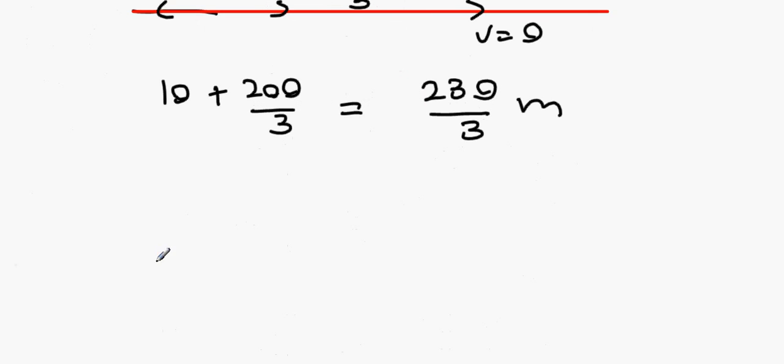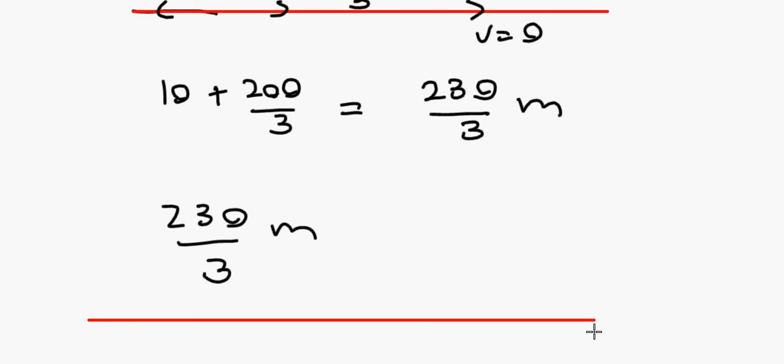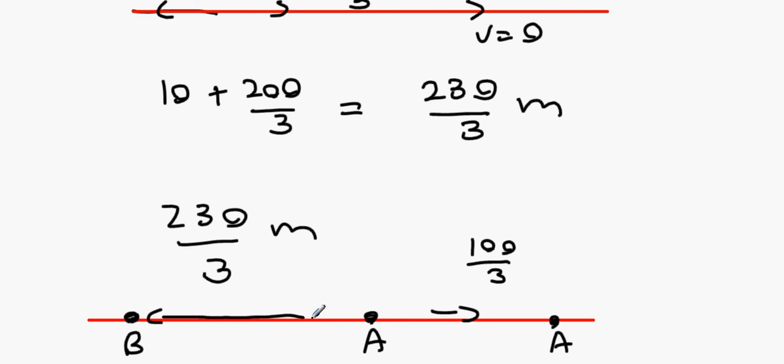So what we can get is the 230 over 3 meters that B took to decelerate. Basically, A moved further on to here, and this was 103 meters. B was initially a distance D behind.